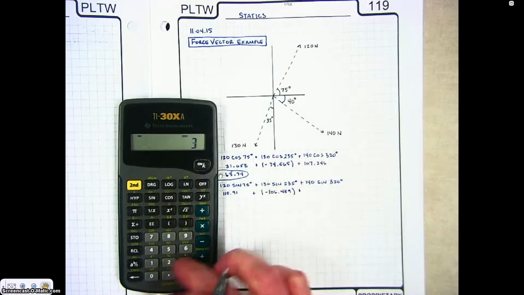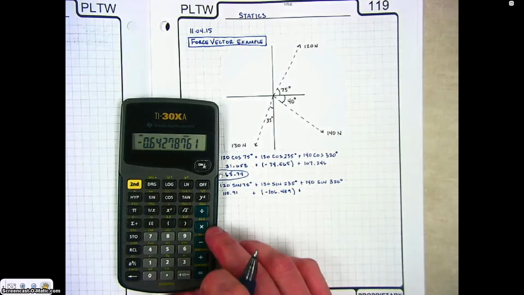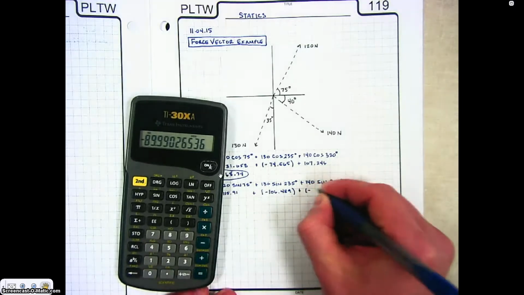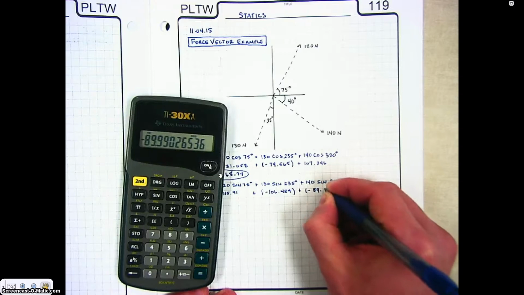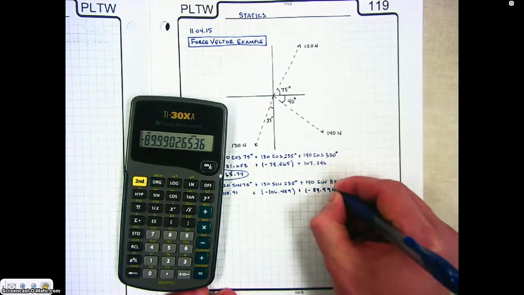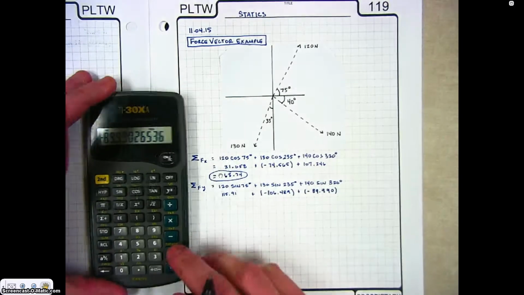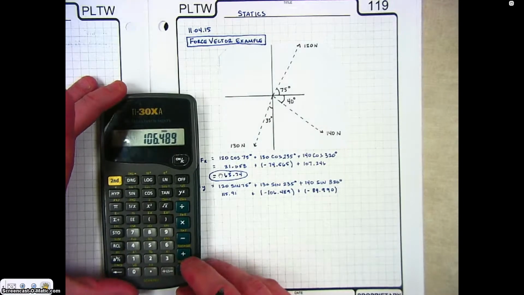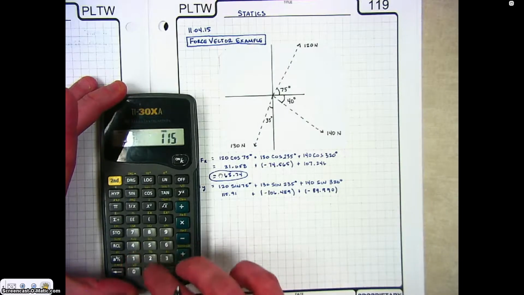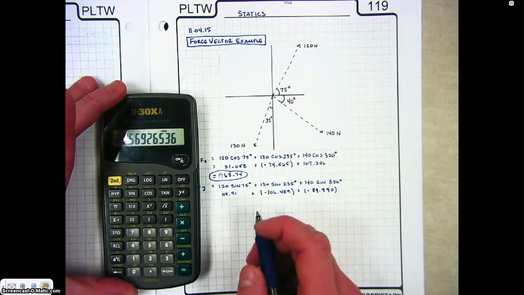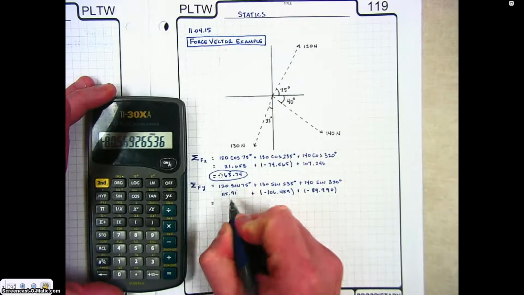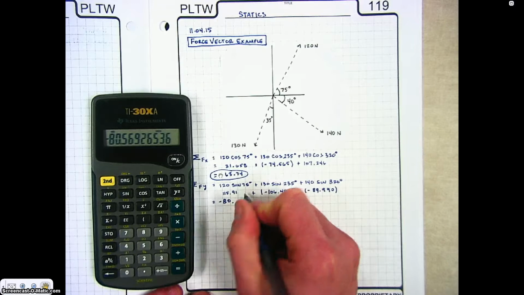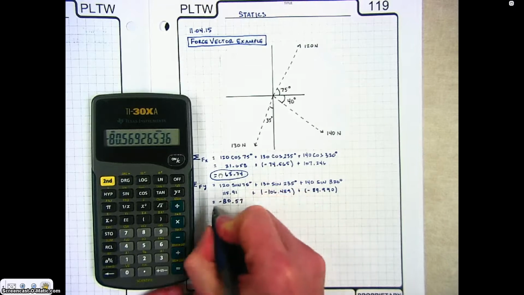And lastly, 320 sine times 140, and I get a negative 89.990. Add them up, and I get an answer of negative 80.57 or something close to that.